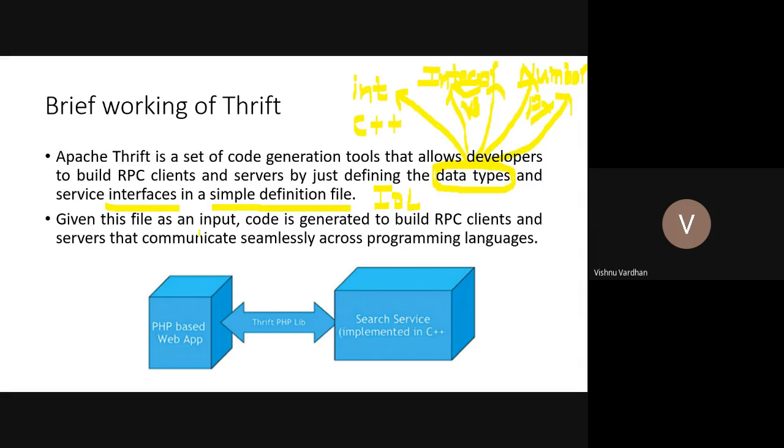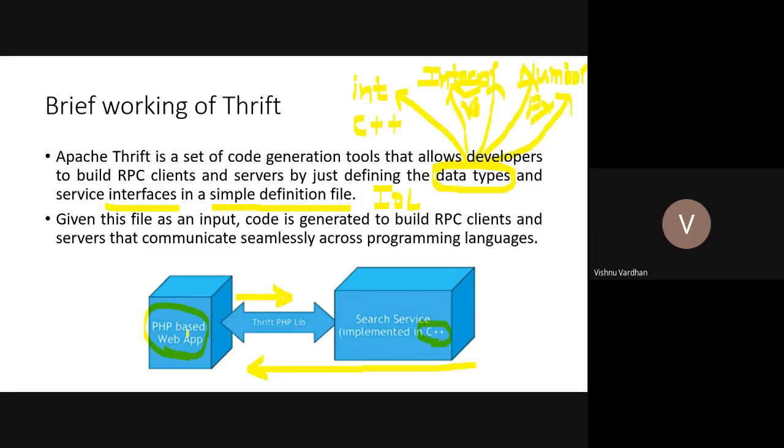So given this file as an input, code is generated to build RPC clients and servers that communicate seamlessly across programming languages. So here is an example. There is a PHP based web app that is actually created, and you are going to write some IDLs and a PHP library so that the search servicing capability, which is written in C++, can get the queries from PHP and revert with the data.